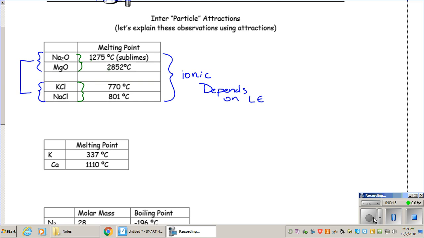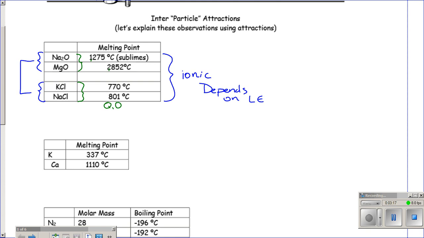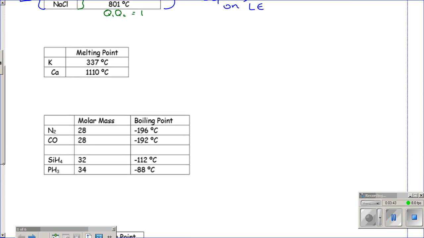So here the charge product, Q1, Q2, is only 1, which leads to a weaker lattice energy. Here we have a charge product for the sodium oxide of 2 and a charge product for the magnesium oxide of 4. And that describes why magnesium oxide has a much, much higher melting point than the sodium oxide.